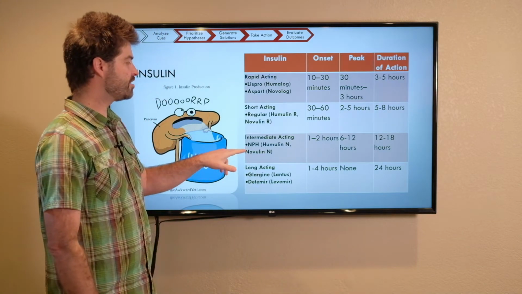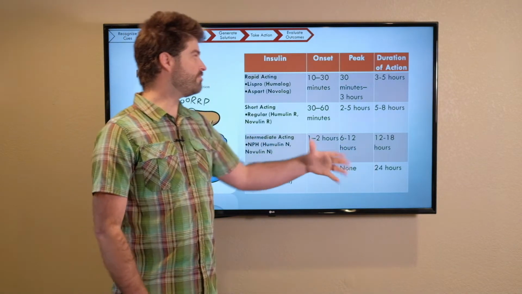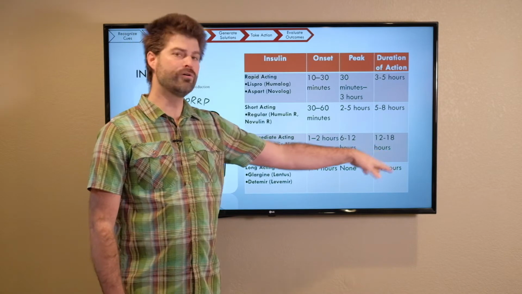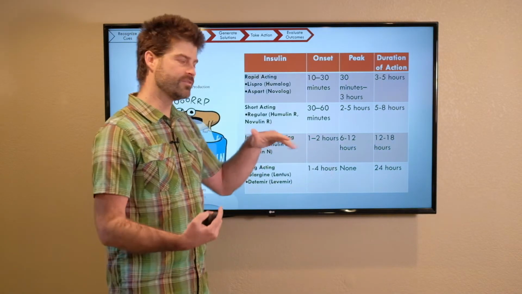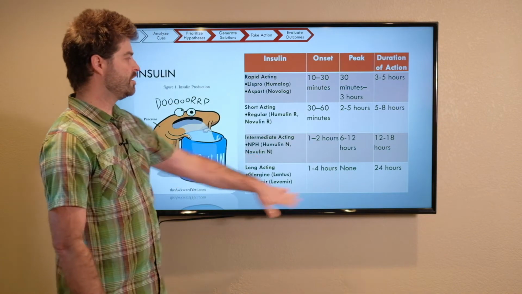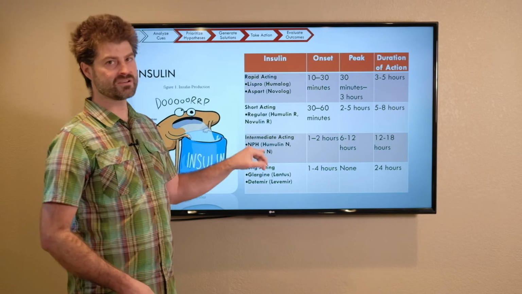NPH insulin is our intermediate. So again, our durations of all things, onset, peak, and our overall duration, all of our time windows are getting longer as we move down the list. NPH, we're looking at full shift of coverage. This one is the one that can be mixed.